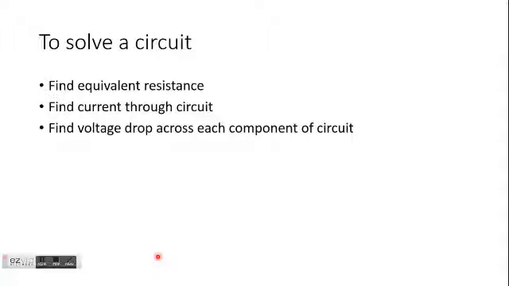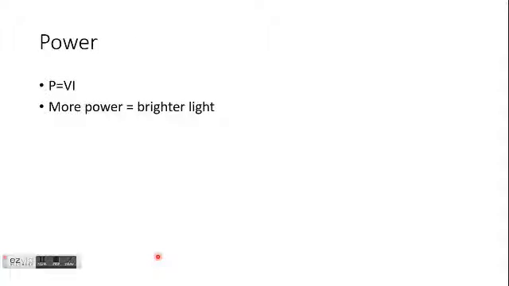Okay, power. The formula for power, P, in watts, is equal to VI, the voltage times the current. You can use V equals IR to rearrange that. You can get V squared over R. You can get I squared R. They're all the same thing.